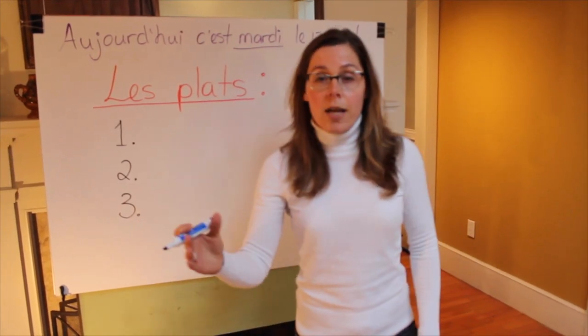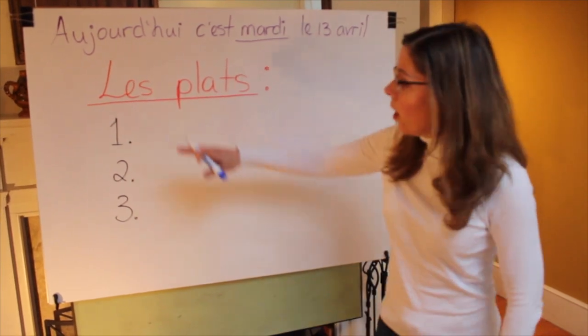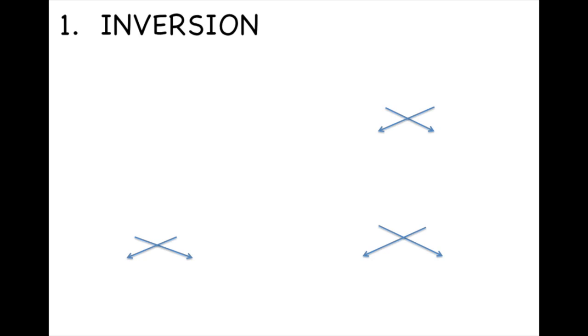To do that in French, you are going to need to know 3 rules, okay? 1, 2, 3. So the first rule is more like a step, and it's what I call the inversion step. So what you do is that you take the translated word of the dish in English and you change its order.